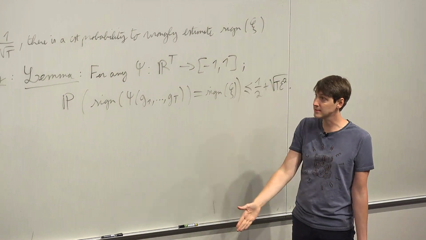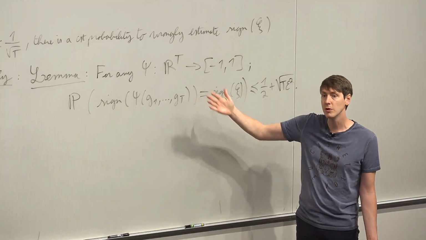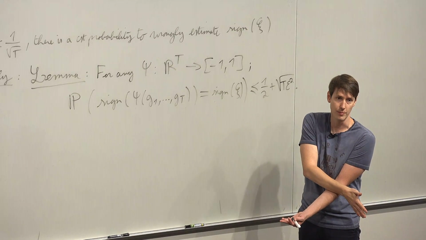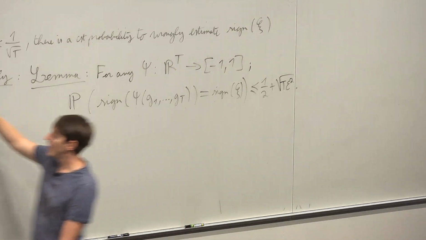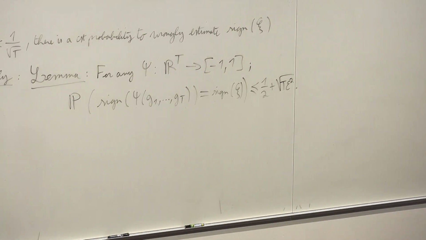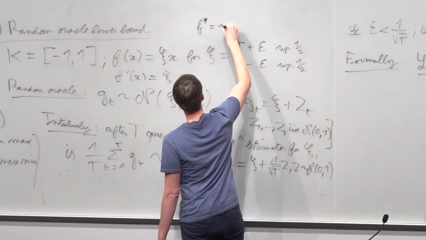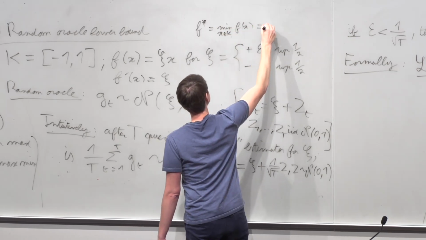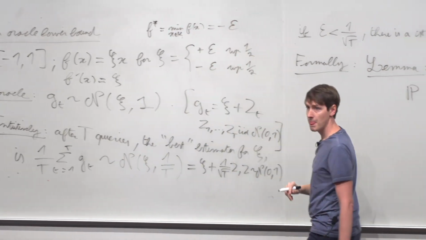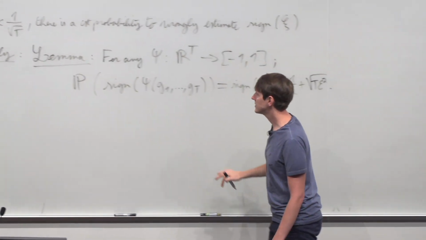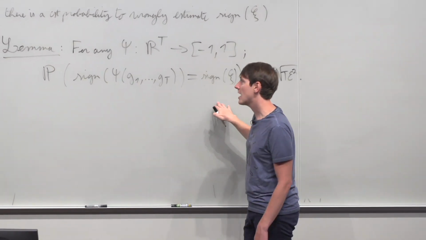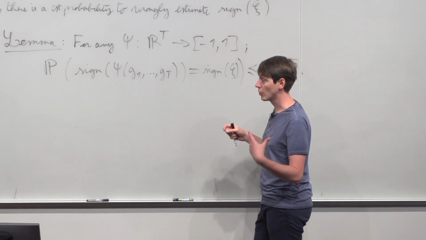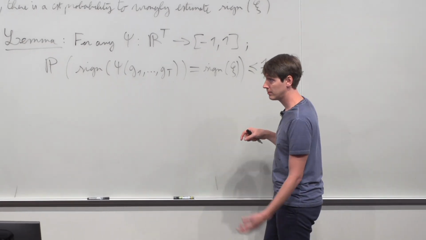Because if I guess the sign wrong, then certainly my value is non-negative, but the best I could do is minus epsilon. Maybe I write it here. F star, which is the minimum of f of x over x in K. In this example, it's equal to minus epsilon. And what I just said is that if you're wrong in the sign, then certainly the value that you get is non-negative. So your gap to optimality is epsilon.